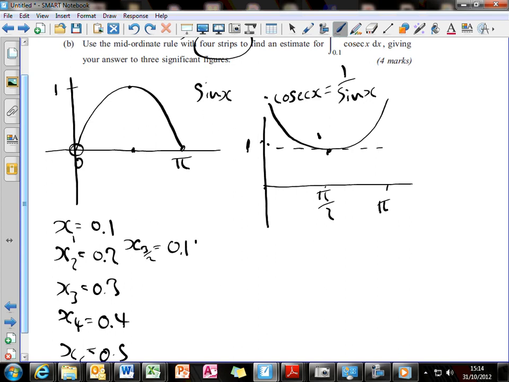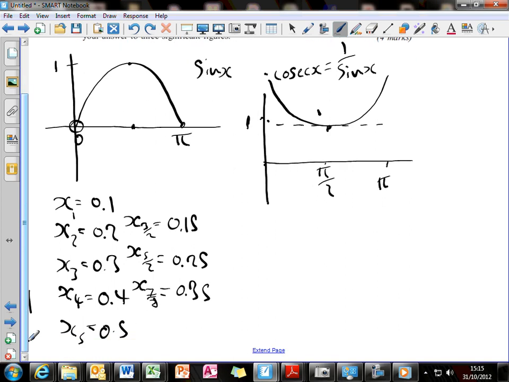So x1 over 2 is 0.15, then 0.25, and 0.35, and finally x9 over 2 is going to be 0.45. We use these x values to get the corresponding y values.